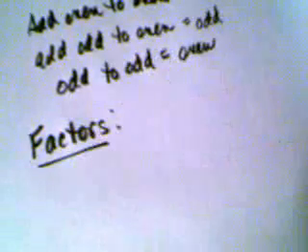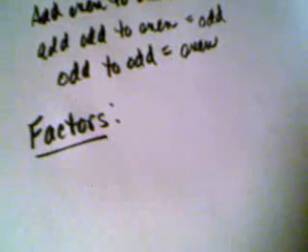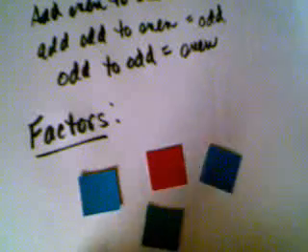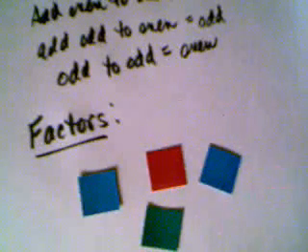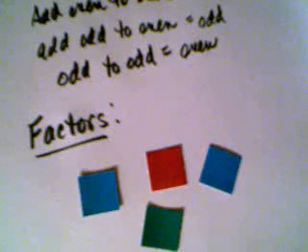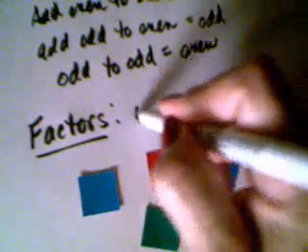Also, with our number tiles, we can create factors. So if I start out with 4 tiles and I ask you to list all the factors of 4, I would want you to be able to make as many rectangles as you could with 4.